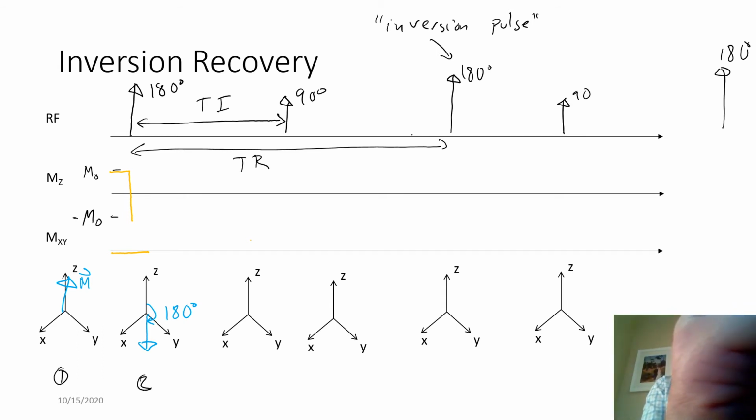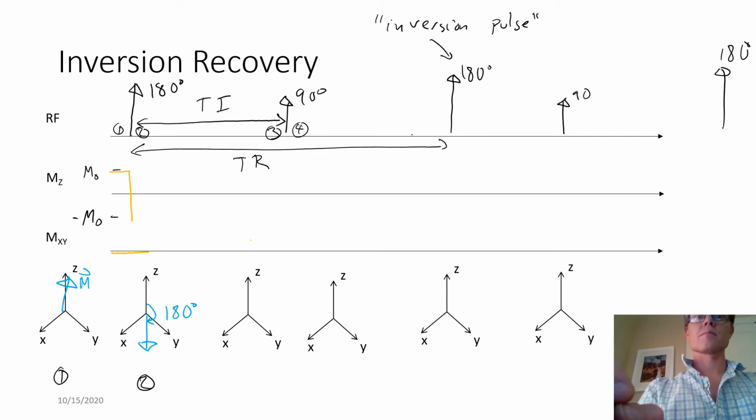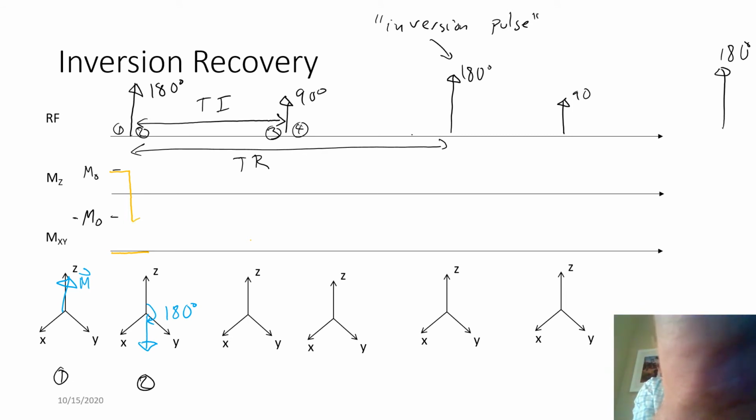But now we're going to have some period of T1 recovery, where we're going to relax back to equilibrium. Since there's no transverse component, we're only going to see T1 recovery in this interval.